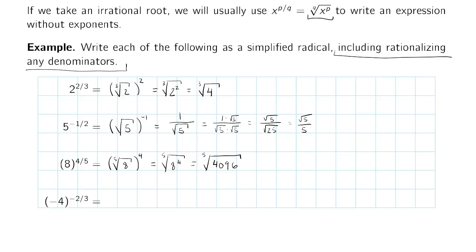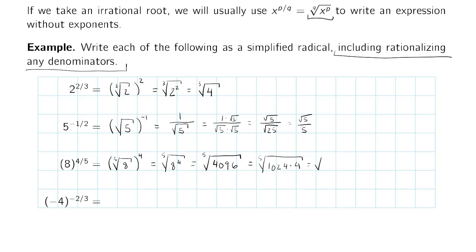However, the good news is I can use my calculator to go through the perfect fifth powers, and I can discover that 4096 is 1024 times 4.